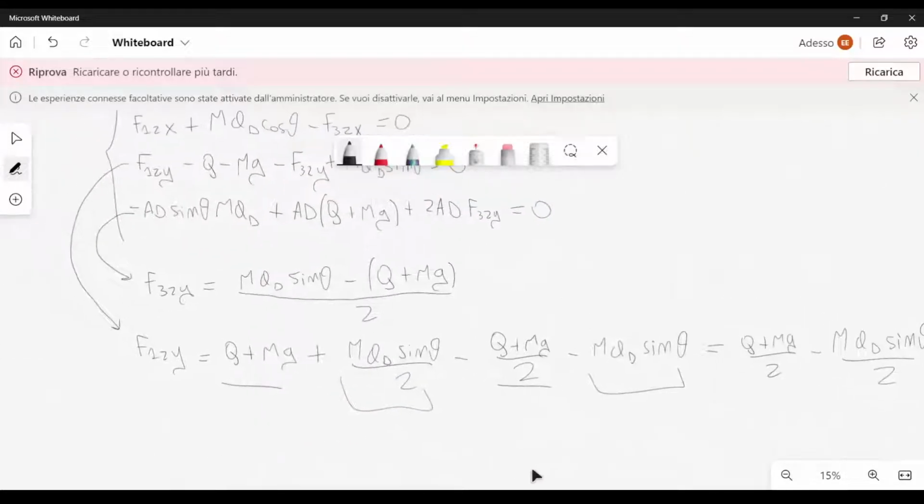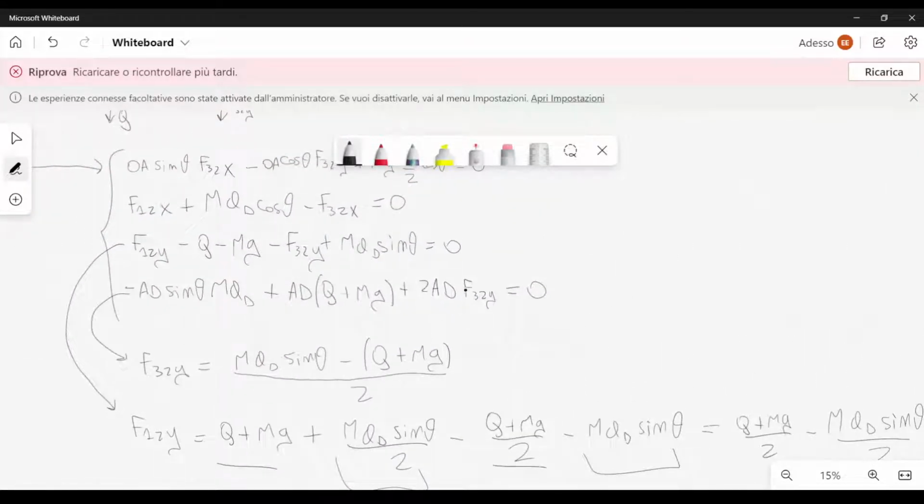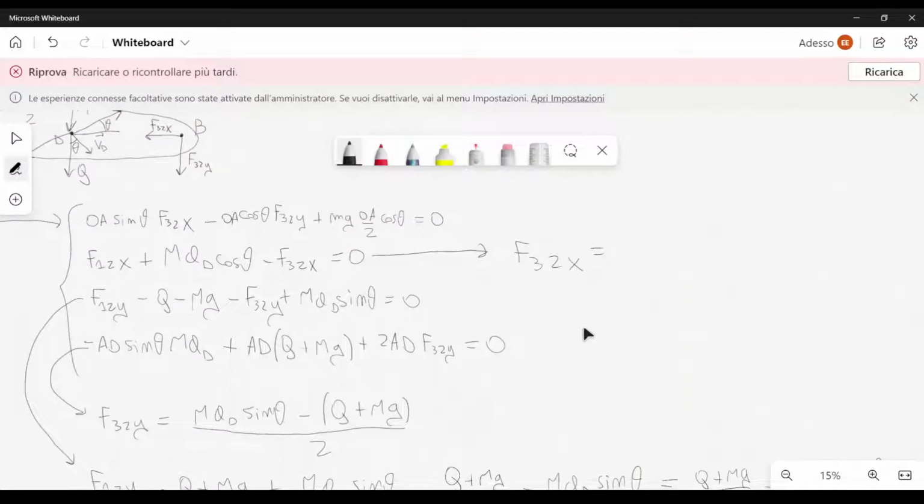And I can also write down the expression for f32x from here. f32x is equal to, let me write it actually from here. So let me write f32x from here. f32x is equal to f32y times, actually minus mg over 2 divided by the tangent of theta.